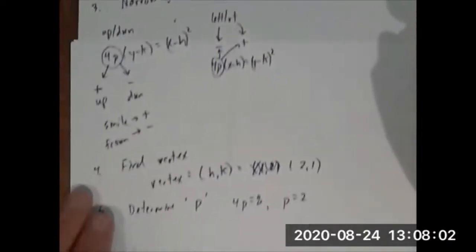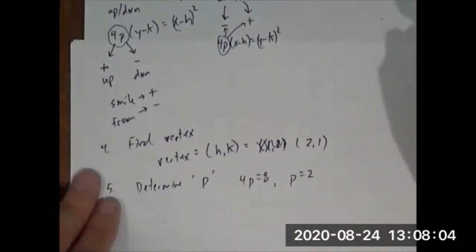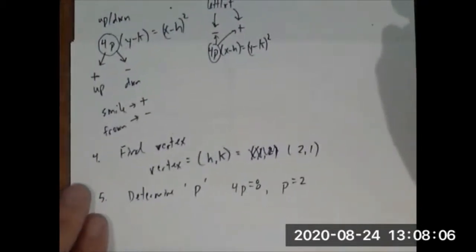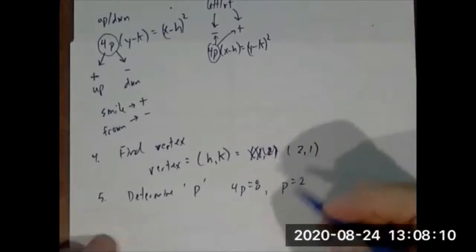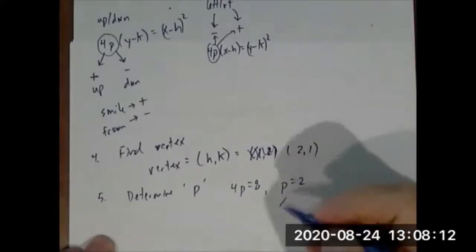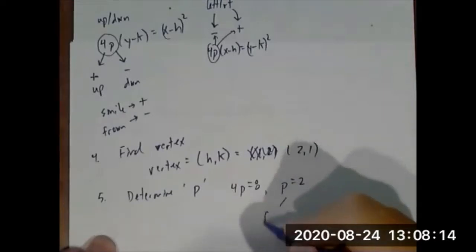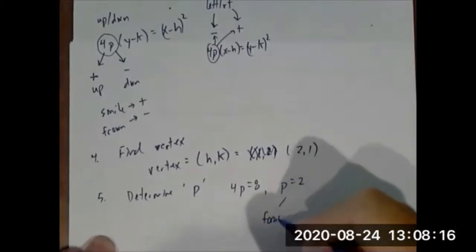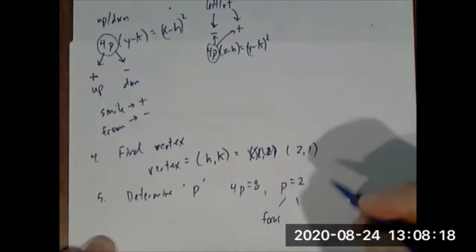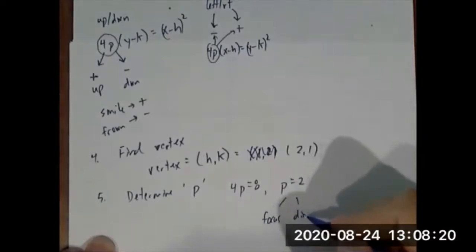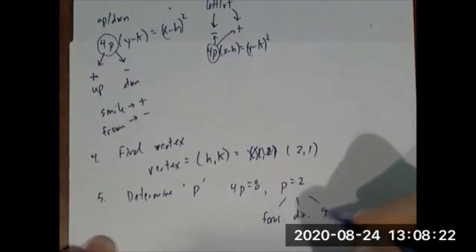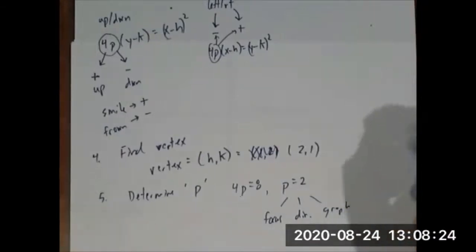We don't even have a name for P, we just call it P, but P is very important because once we know P, P allows us to find the focus, P allows us to determine the directrix, and P allows us to create the graph of the parabola.